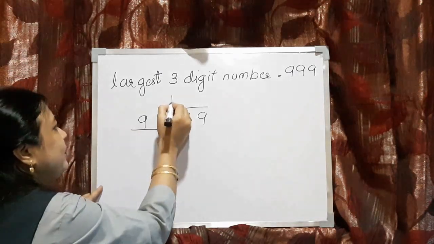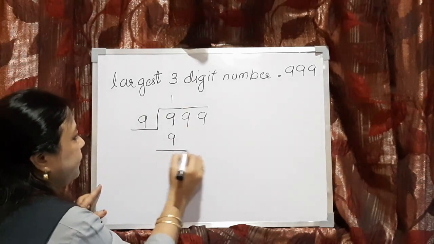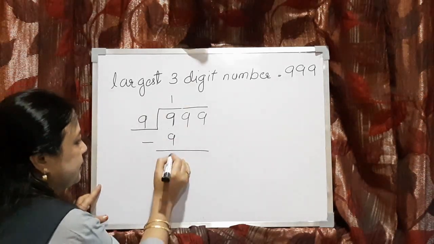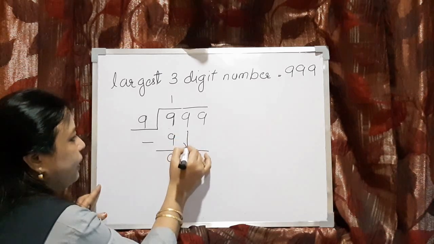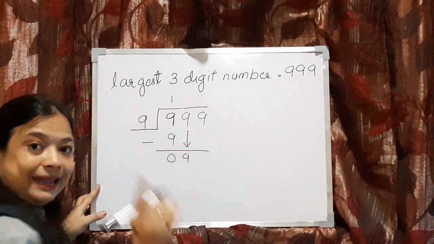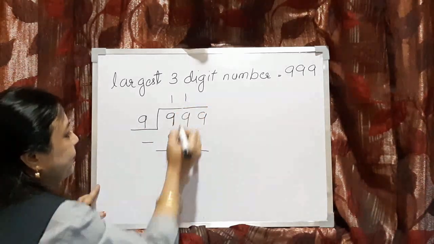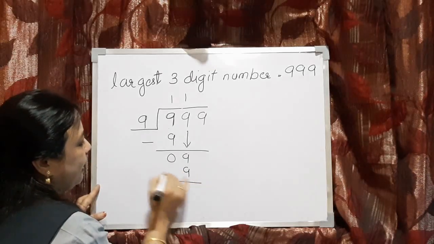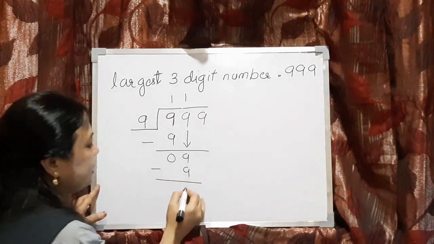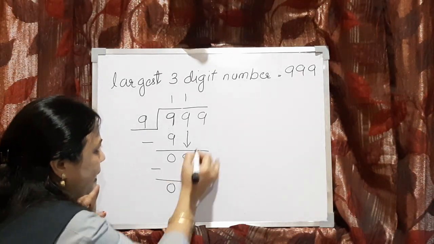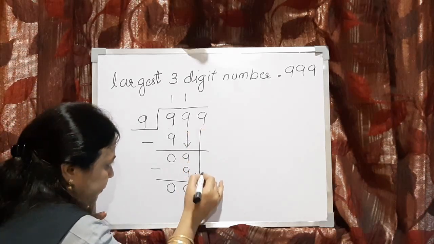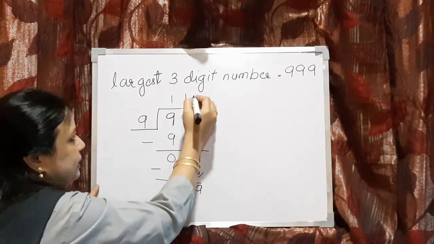Okay. So 9 ones is 9. Right. Now this 9 we are going to bring it down. Again 9 ones are 9. Again we are going to subtract this. Again we are going to bring down this 9, and 9 ones is 9.